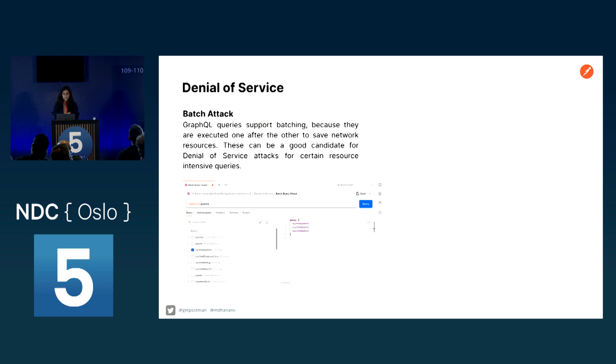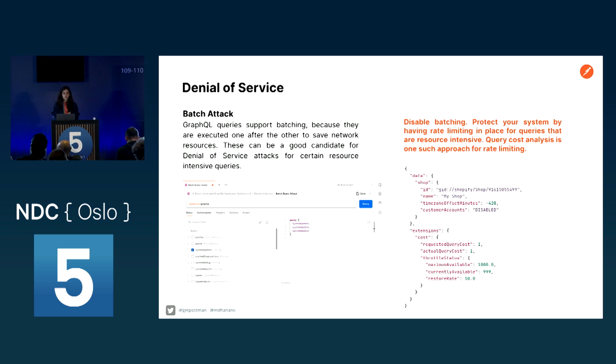Yeah, the batch attack. One way is to disable batching. Another way is to protect your system by having rate limits in place. Now, it's not the number of times that you call the API, because here it's just a single API call, but what differs is the payload that you're sending to the API.